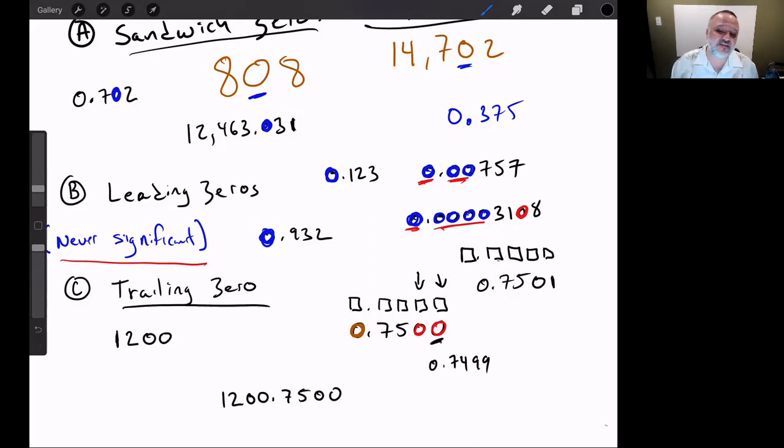So what that means is that the scale is precise in the sense that it knows, or it thinks, or it's decided. Remember, it doesn't say anything about the accuracy. Its measurement reads 0.7500, not 0.7499, not 0.7501, but 0.7500. So those particular types of trailing zeros, they're significant.